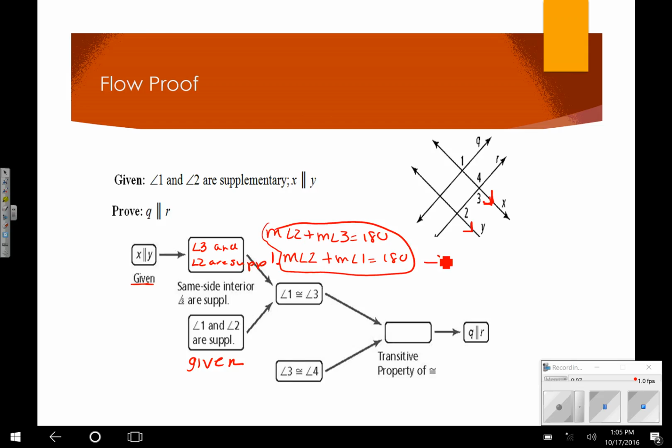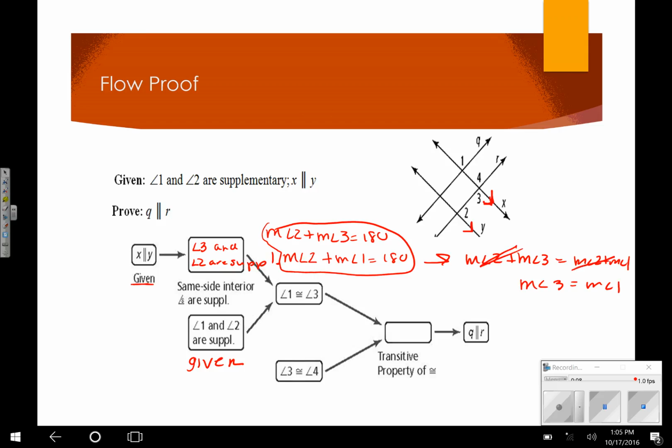Then it's given up that we can say that the measure of angle 2 plus the measure of angle 3 equals the measure of angle 2 plus the measure of angle 1 by equals, they're equal. And when we subtract, measure of angle 3 equals the measure of angle 1 because we subtracted the measure of angle 2 from both sides.